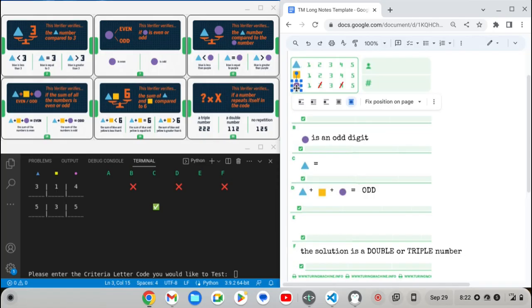So I think that conclusively proves that yes, it is an all odd solution. Since circle's odd, triangle is odd. So far we've got two odds. If we want the overall sum to be odd, then that means they're all odd. So let's go ahead and cross out the remaining evens in triangle and square.